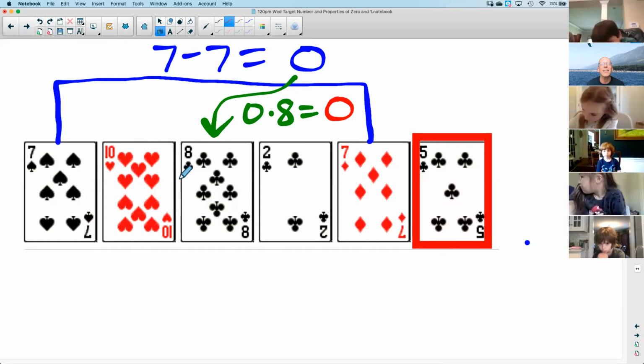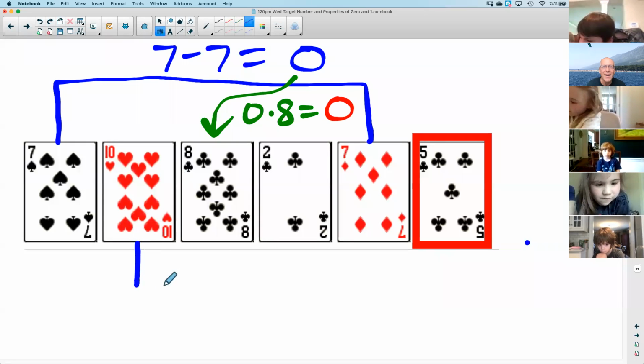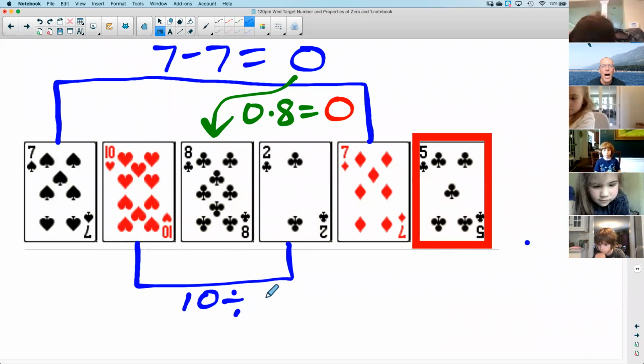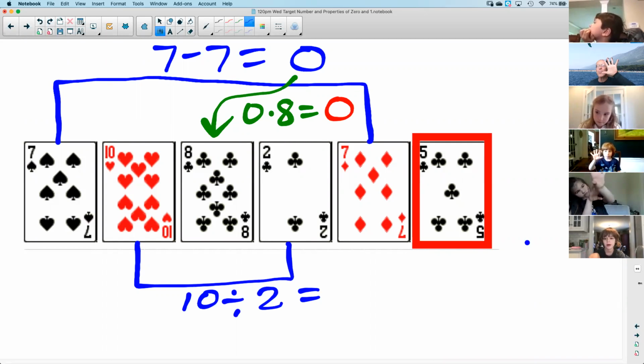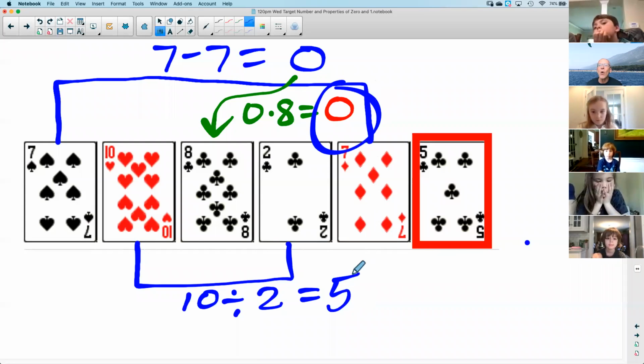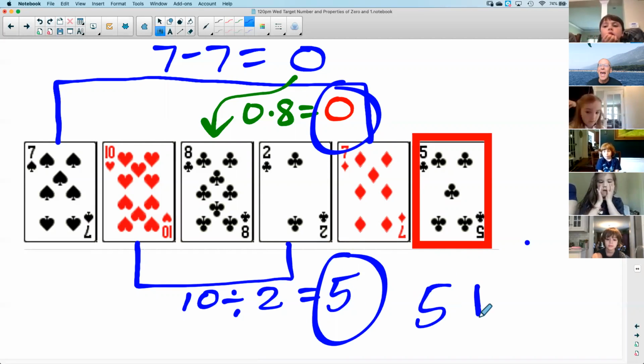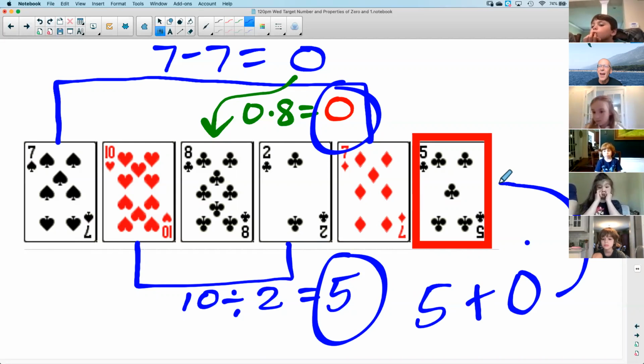Now watch this. Who remembers what happens when we take 10 and we divide it by 2? Everybody hold up 10 fingers and divide it in half. What's 10 divided by 2? 5. And watch, guys. Take the 0 and the 5 and add them together, and there is our target number.